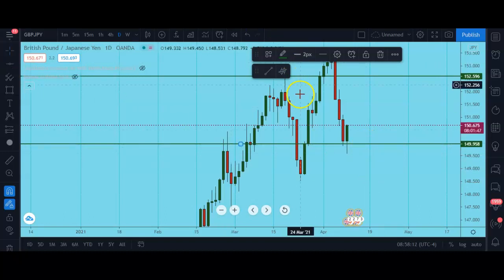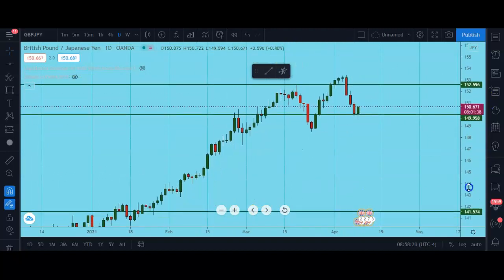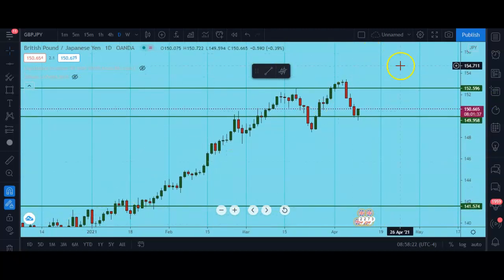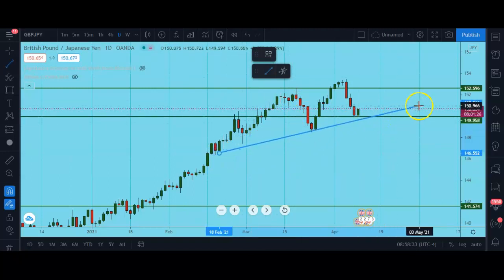And to get the best price, now price is going up, okay? This is on an uptrend. See how that worked?